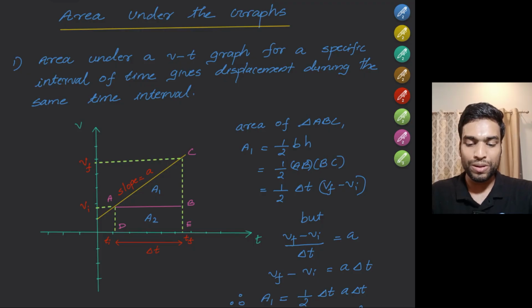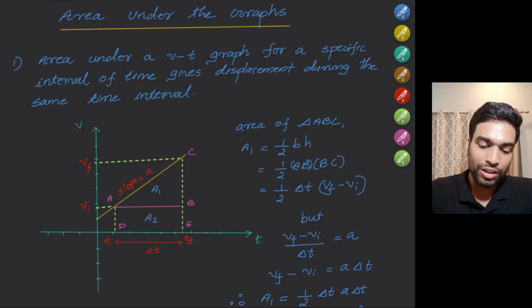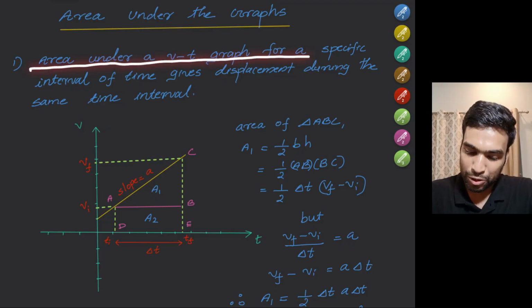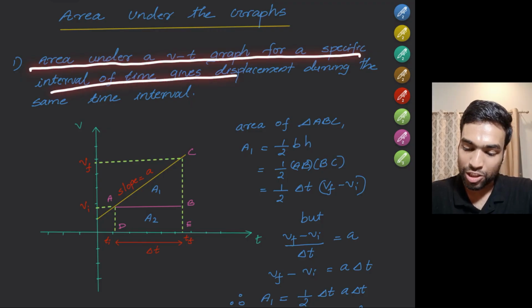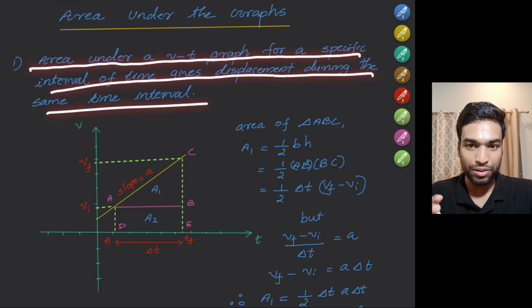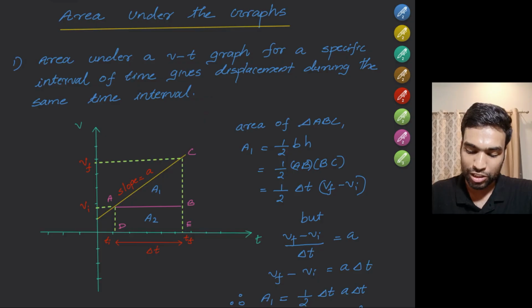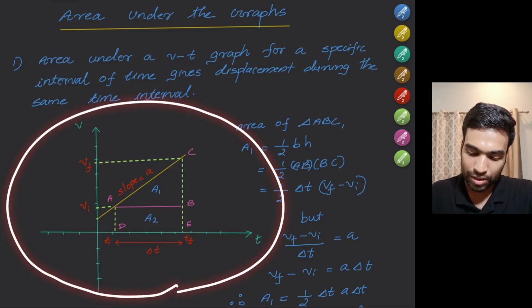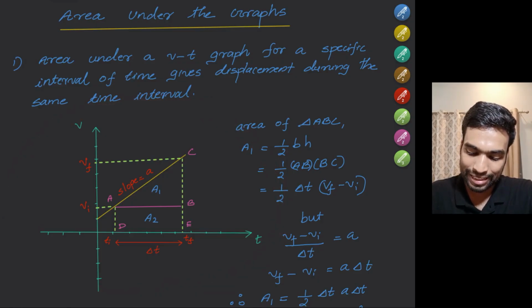Now let's focus on the area under the graphs. This is a very hotspot area for AP Physics questions. Okay? The area under a vt graph for a specific interval of time gives the displacement during the same time interval. So let's concentrate on this graph. I am taking this time interval delta t, that means from ti to tf.